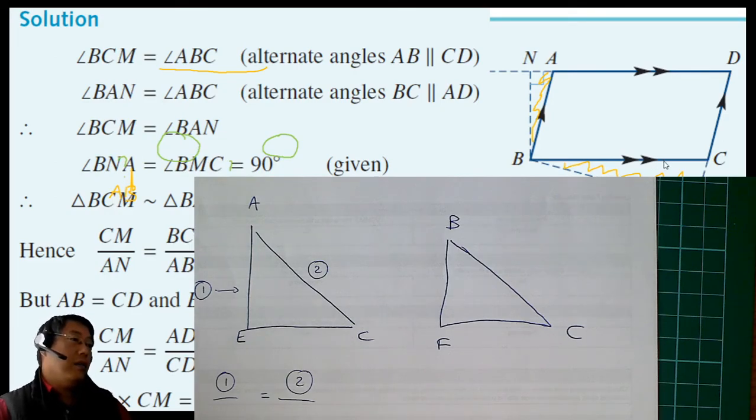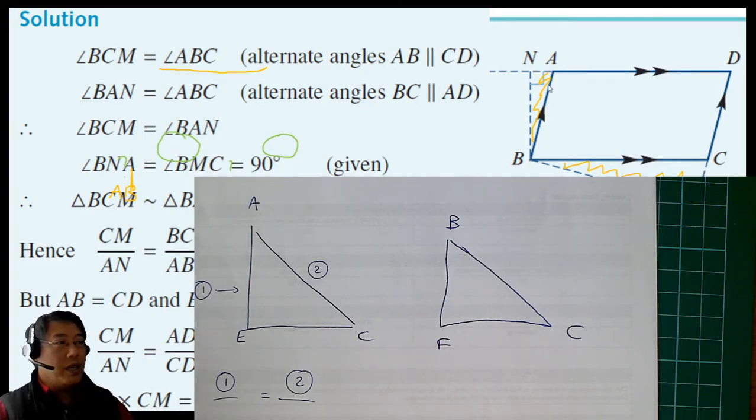They are alternate angles. That angle BCM is alternate with that angle, and that angle over here is also corresponding to ABC. That's because of those lines being parallel.